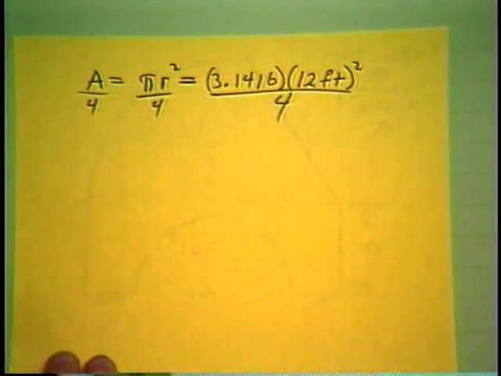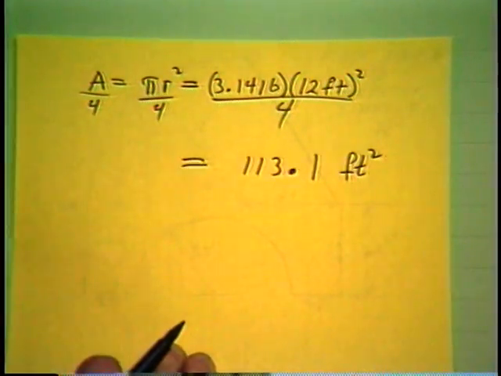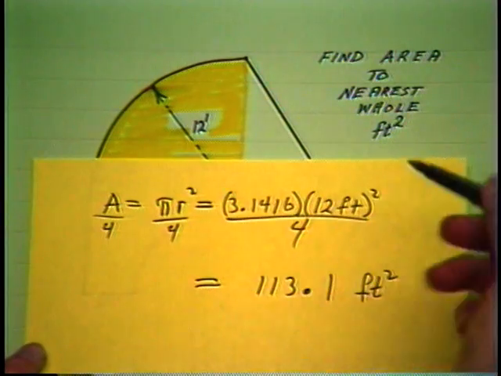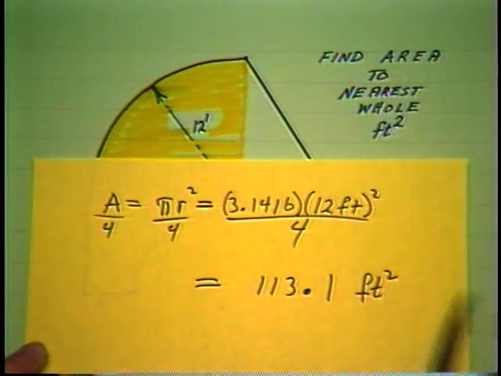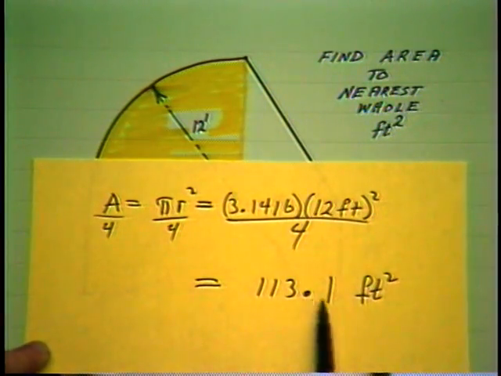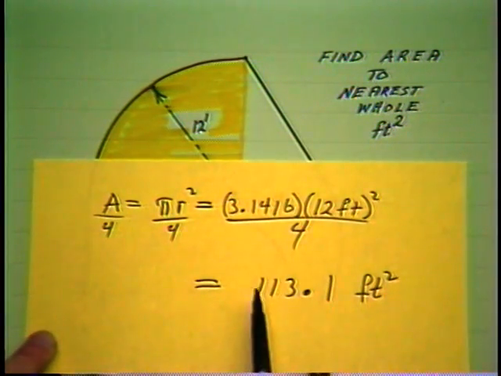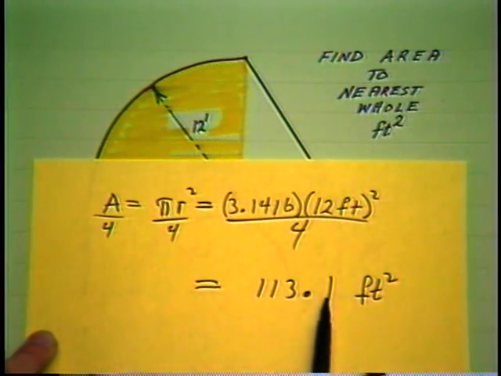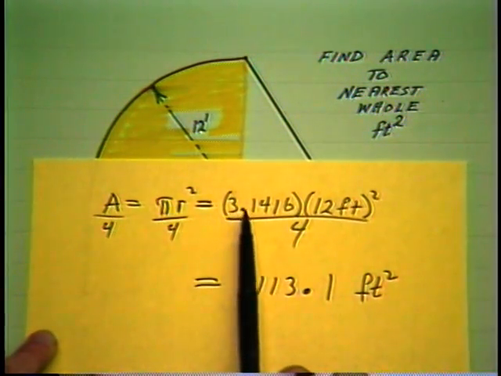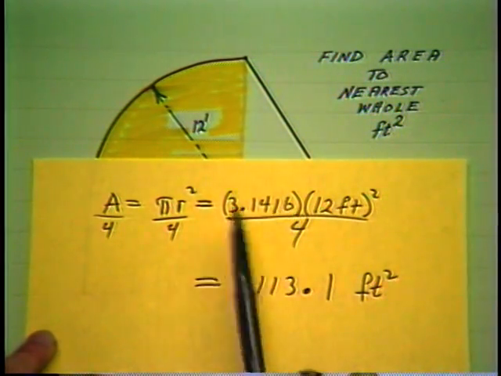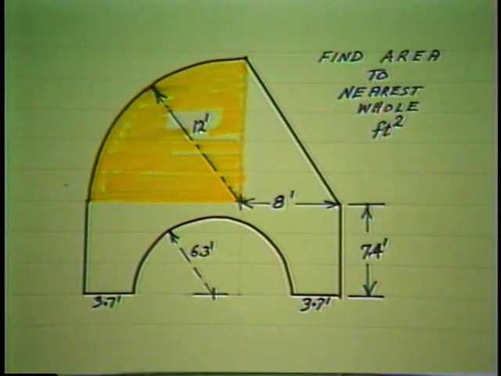Now, following through and doing that, we would get this, and since they want the area to the nearest whole square foot, I'll take at least one more place than needed. And since that will require that I need 4 digits at least, I'll keep pi to 4 at least. I took 5. So now we have the quarter circle.